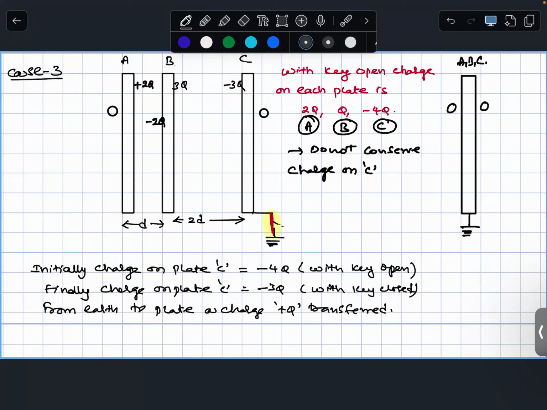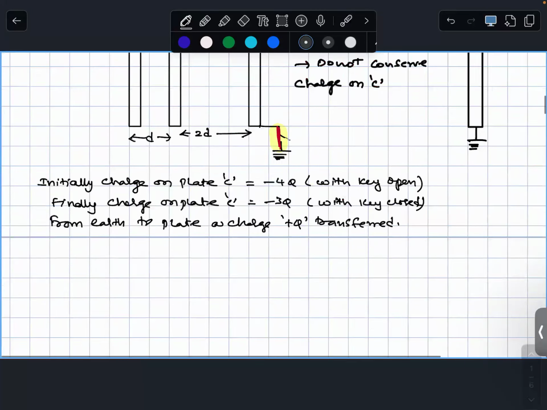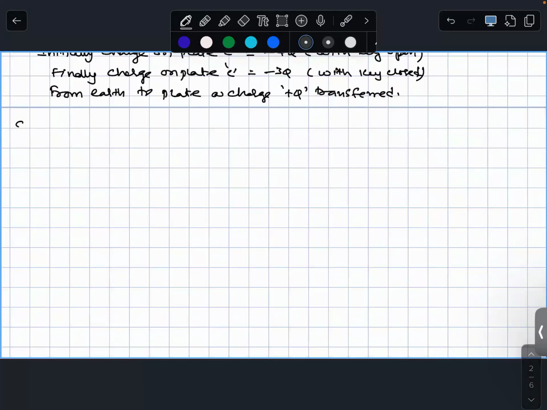But the general traditional way of expressing the same is plus q transferred from earth to plate. Honestly speaking, I should say minus q is transferred from plate to earth. That is the actual mechanism. Same arrangement.